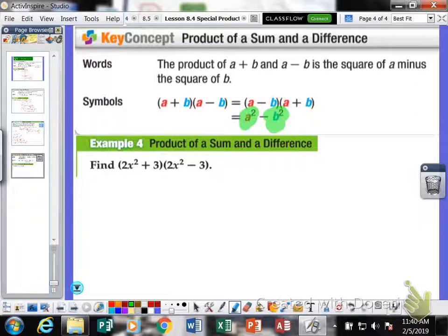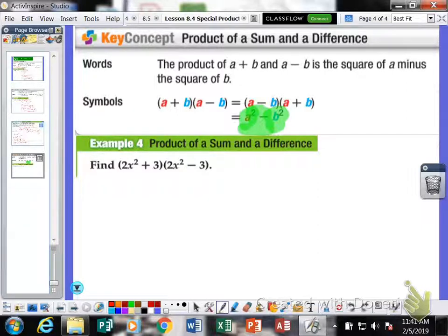So that's that whole thing there. If we were to solve this, again, this is where you have to be careful with your signs. If we are multiplying a negative times a positive, we make that answer a negative. So we have 2x squared plus 3 times 2x squared minus 3.